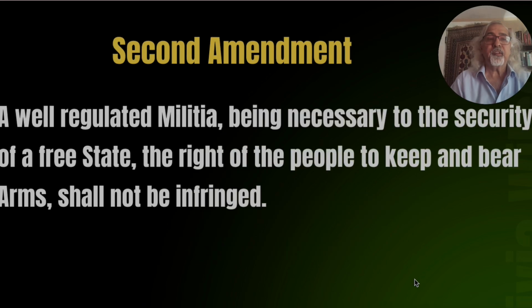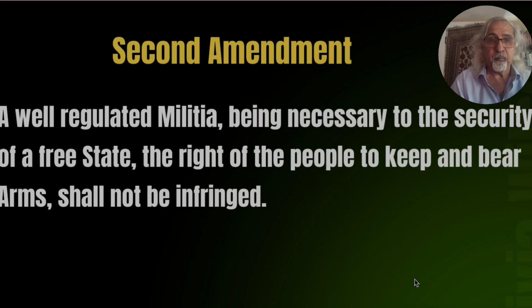Now let's go to the Second Amendment. A well-regulated militia being necessary to the security of a free state, the right of the people to keep and bear arms shall not be infringed. So this is the famous Second Amendment, under which the gun rights people basically claim that people have the right to own guns, right?